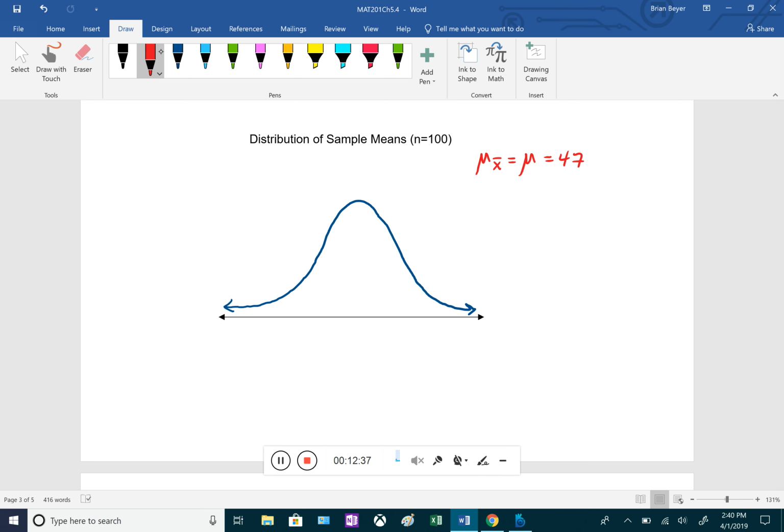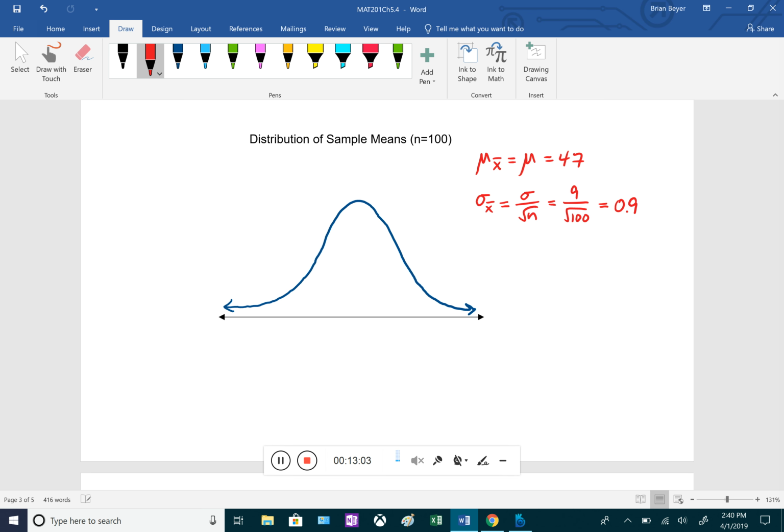And let's figure out the standard deviation for the sample means. We know that that formula is sigma over the square root of n. It told us that the standard deviation for the population was 9. N is right here. It said it was a sample of size 100. So divided by the square root of 100, that's going to be 9 divided by 10, which is 0.9.